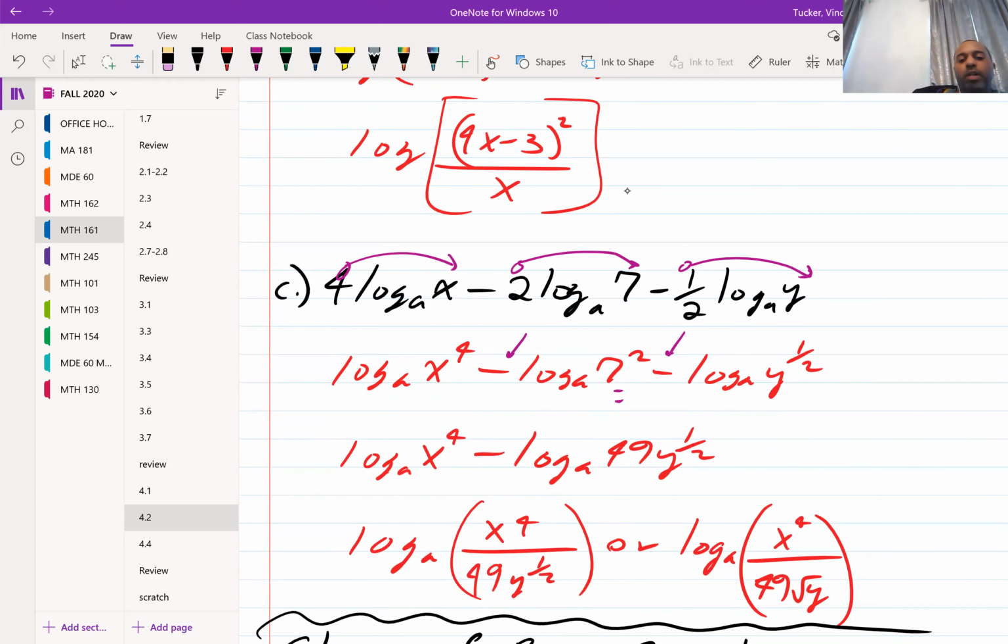So it'll be x to the 4th over 49 y to the 1/2, or you can write it as 49 square root of y. So either or is fine. All right, questions.